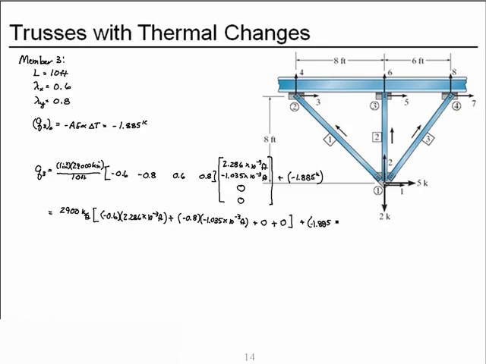And the fixed end force. I consolidate the first term here, I get a minus 1.576 kips minus the fixed end force, and combined those give minus 3.46 kips, which would be 3.46 kips in compression.